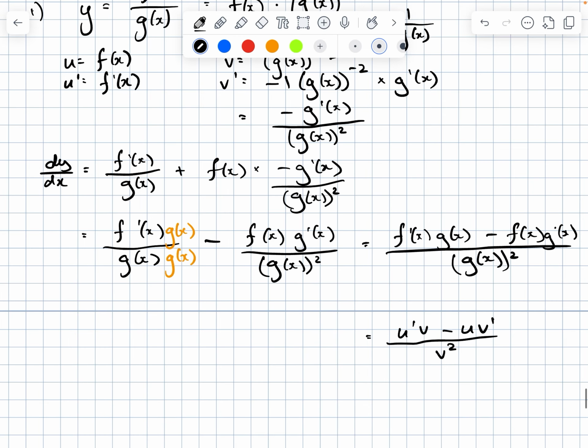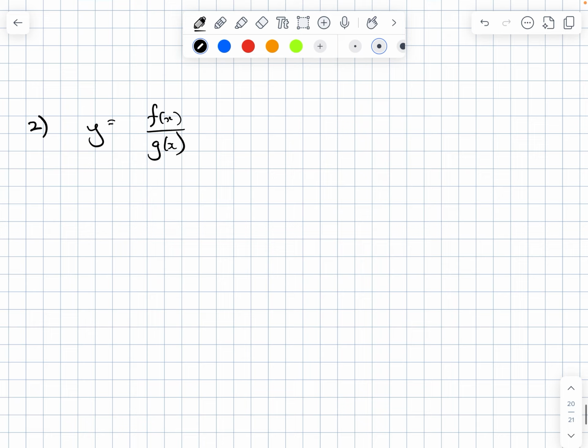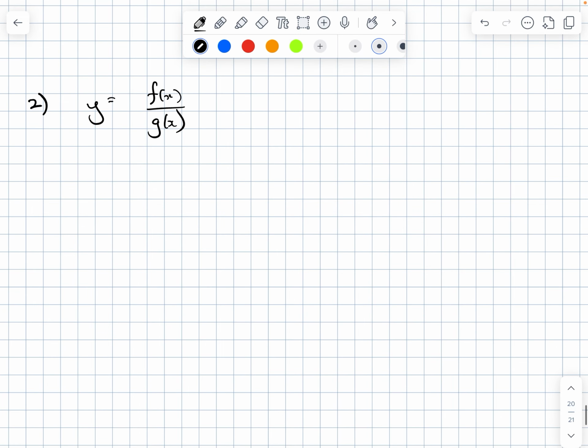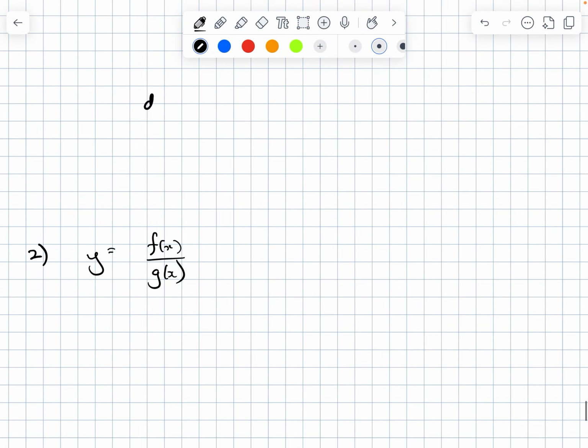The second proof is a little bit more rigorous, doesn't use the product rule, it's just using first principles. Same start, and I'll write the first principles rule above, which is that dy/dx is the limit as h approaches 0 of f(x plus h) minus f(x) all over h.